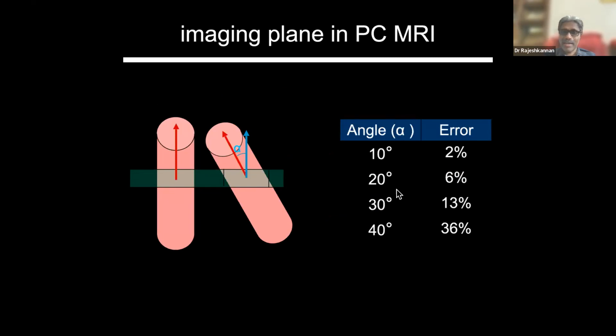As the angle increases to 30 to 40 degrees, you have an error of nearly 30%, which is not acceptable. So we have to always take a true cross section. This will affect both the velocity as well as the total blood flow, which will be calculated erroneously. So always take a true perpendicular to the vessel of interest.